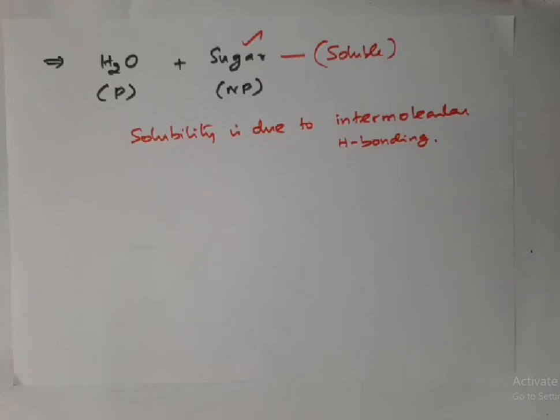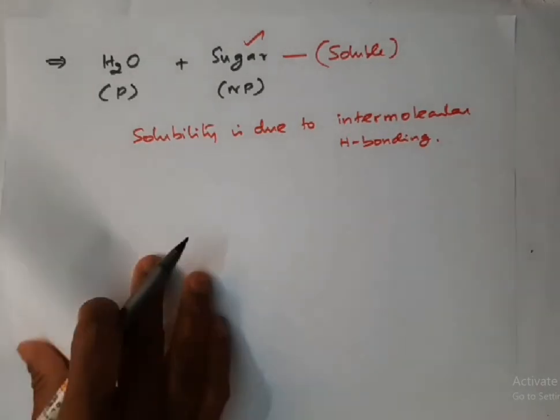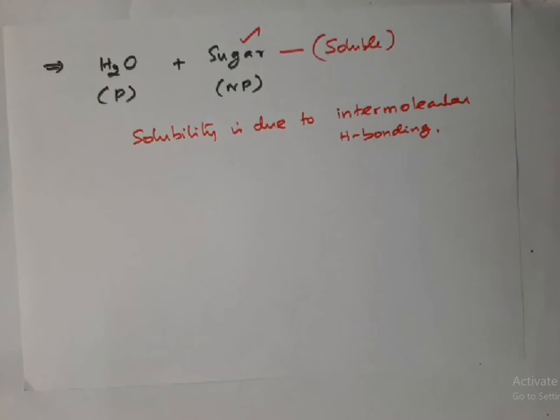So there are exceptions to the like dissolves like rule, and these are few. Now let me go to the next one. This is the first factor, that is nature of the solute and nature of the solvent.